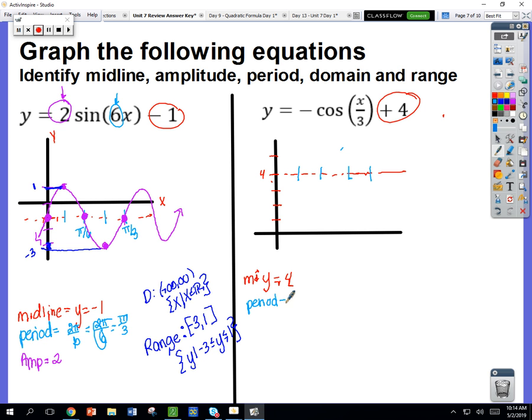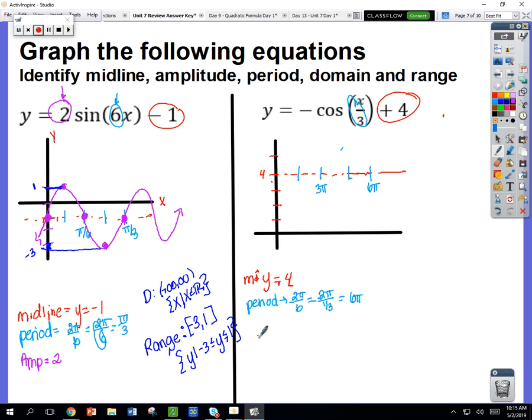And remember, period is 2 pi over b, and b is what's being multiplied to x or theta, and this is a 1x over 3. So b is 1/3. So in my calculator, I'm going to type in 2 divided by 1/3, and when I do that, I get 6 pi. So the end of my period is 6 pi, so the middle of my period would be half that, which is 3 pi.